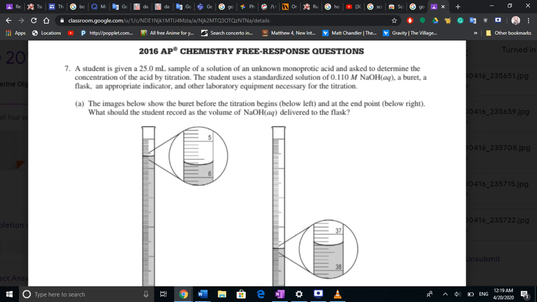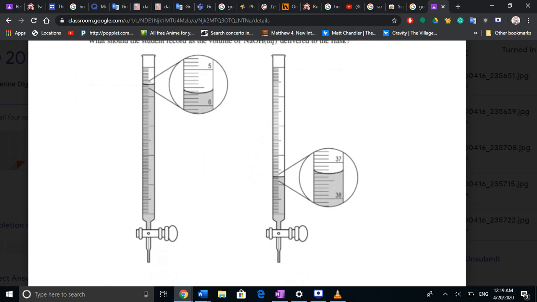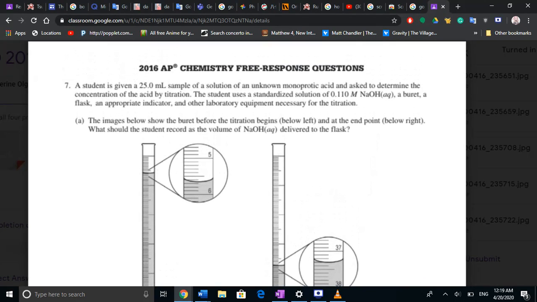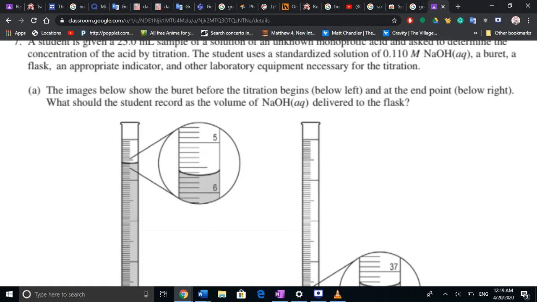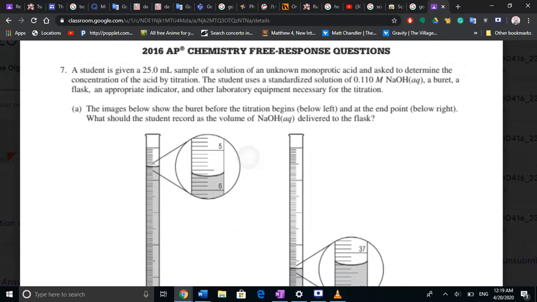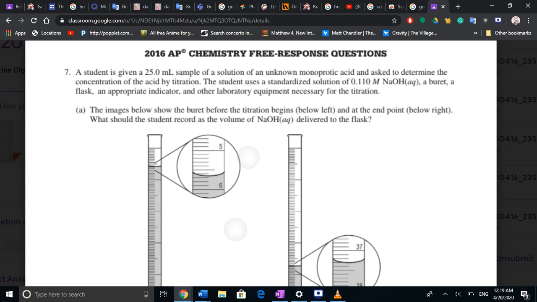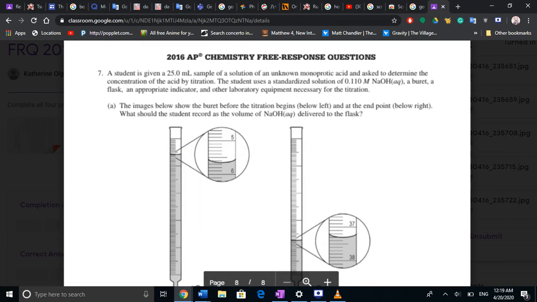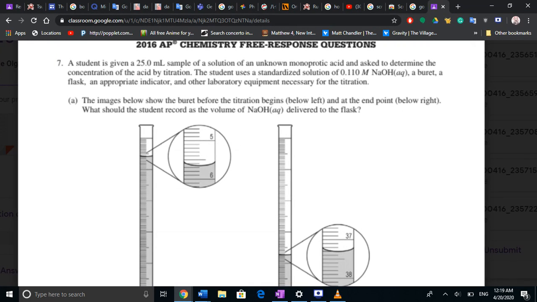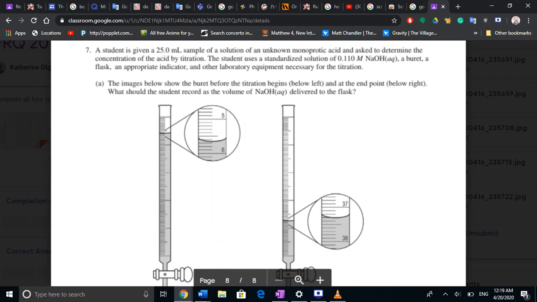Well, the most we can do when asked what the student should record as the volume is to take the final amount minus the initial amount, and that gives us a volume.